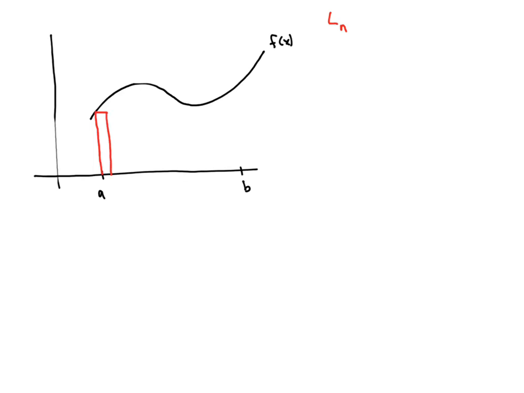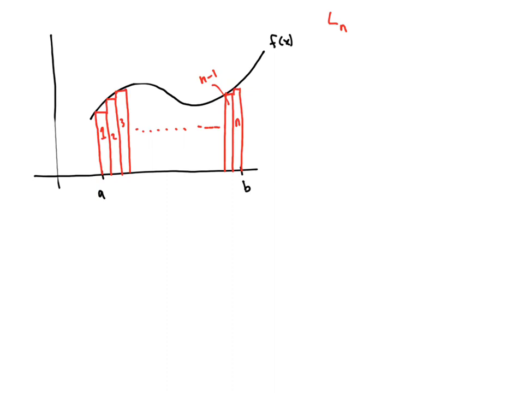Let's call that rectangle 1, and then our second one will be here, and then our third one will be here, and so on and so forth. And this rectangle here will be n minus 1, and then the last one will be rectangle n.